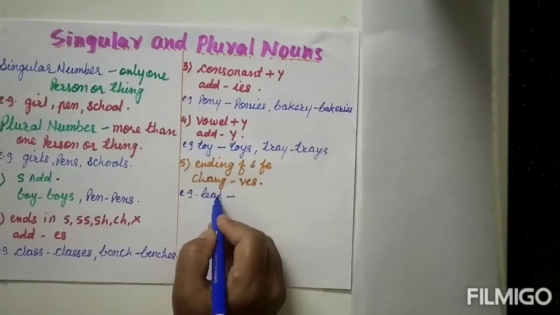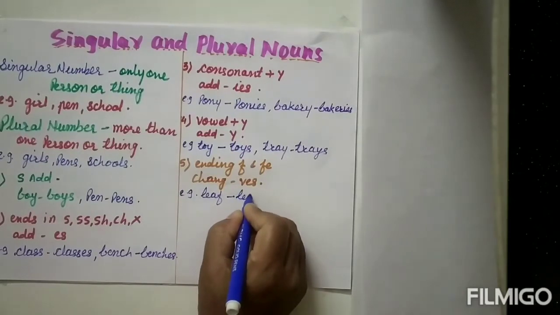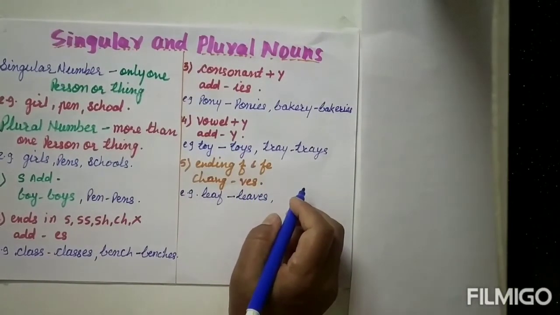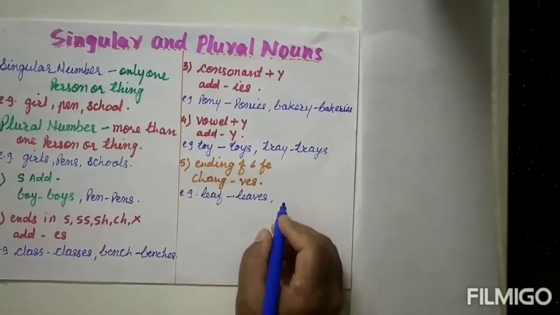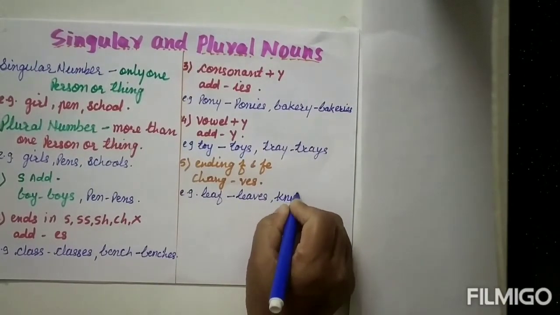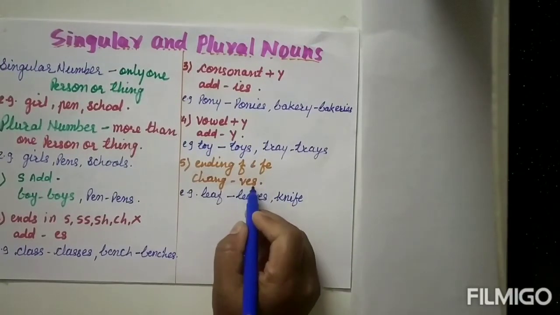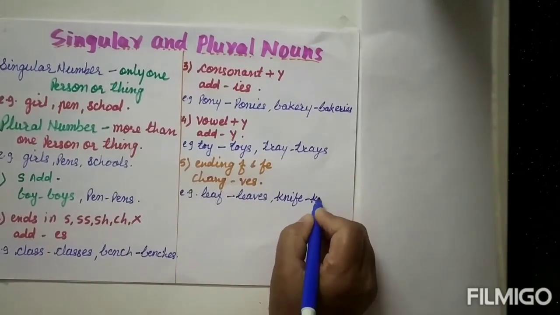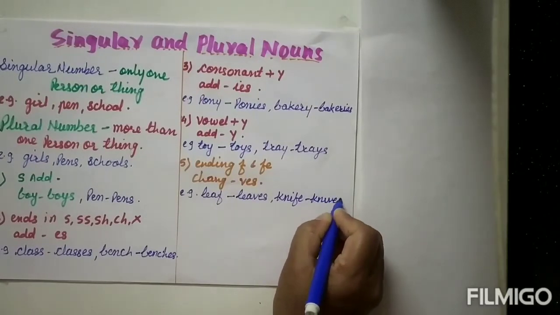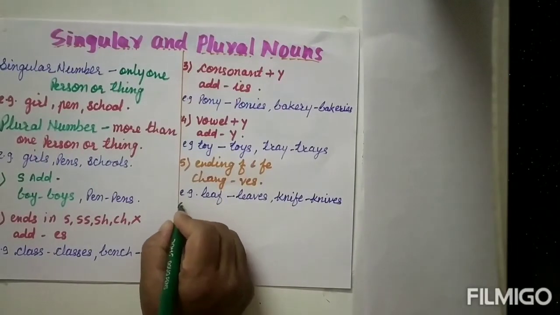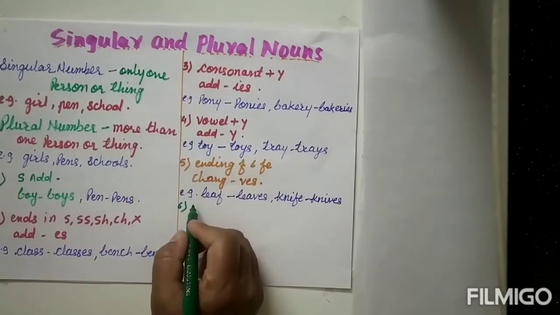F is given, so change this F by VES, means L-E-A-V-E-S. One more example, knife, K-N-I-F-E. Change FE by VES, means K-N-I-V-E-S, knives. Okay.